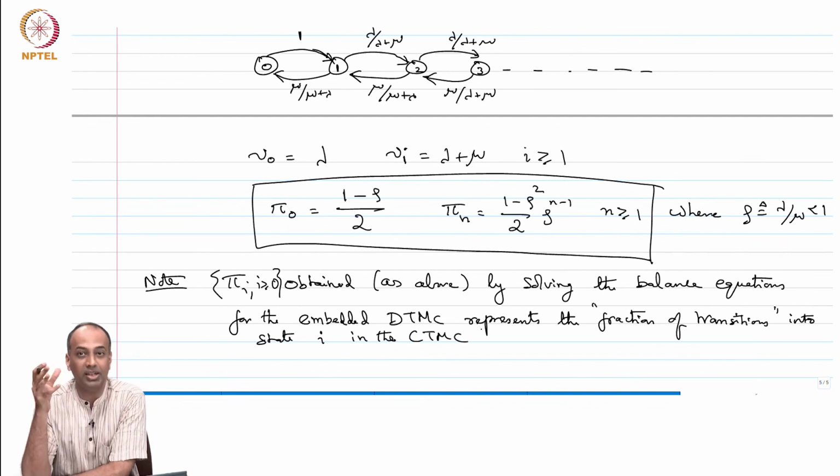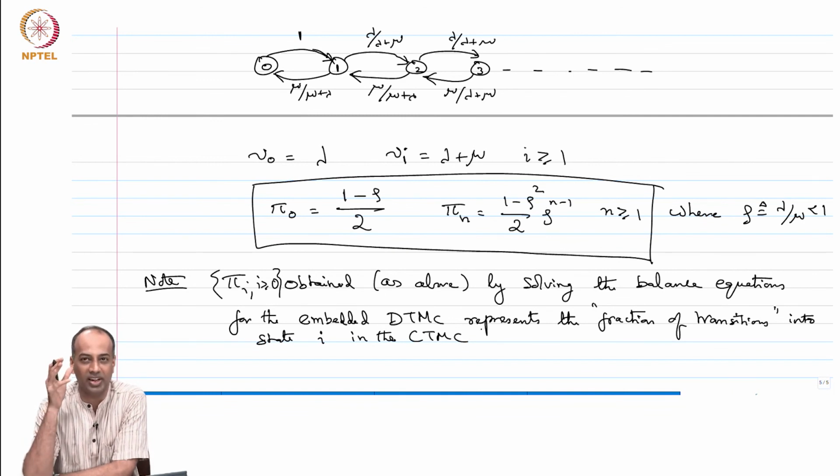See, in the DTMC case, the fraction of transitions into a state is also the fraction of time spent in that state. In a CTMC, that is not true. The fraction of transitions that go to a state i is not the same as the fraction of time spent in the state i, because some of these nu i's are different from the other nu j's. So, you have to weight them appropriately to get the fraction of time spent in each state.